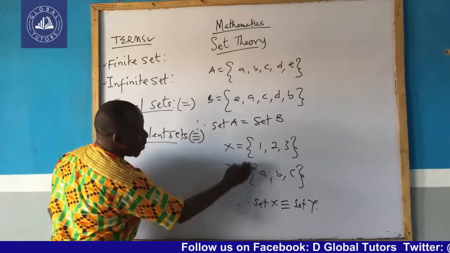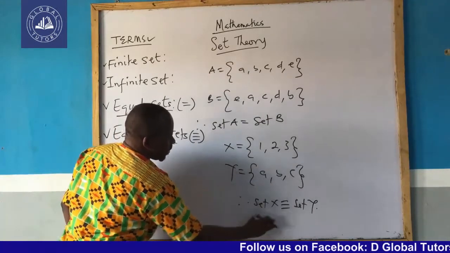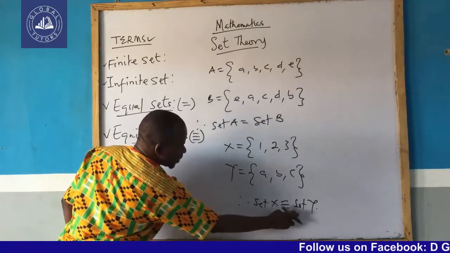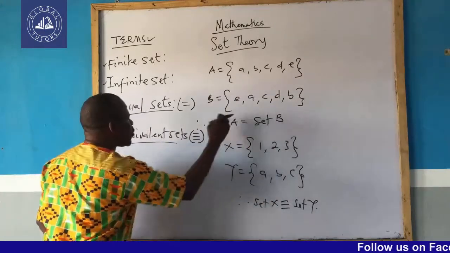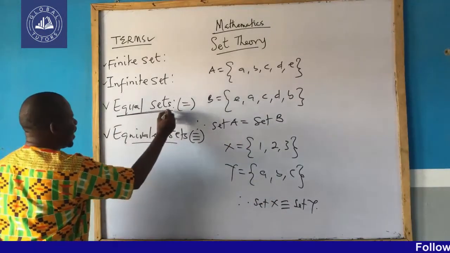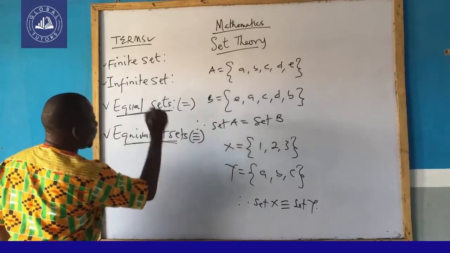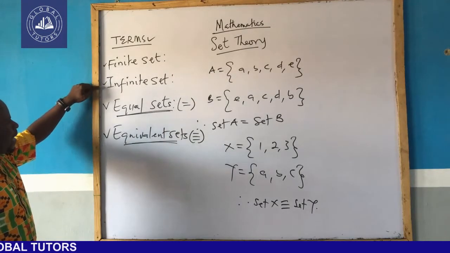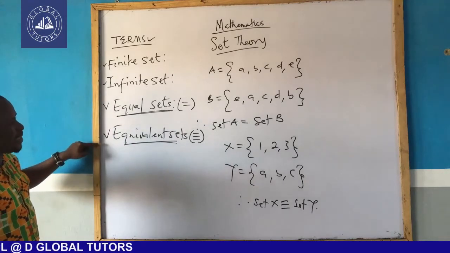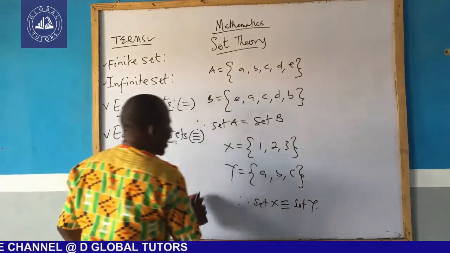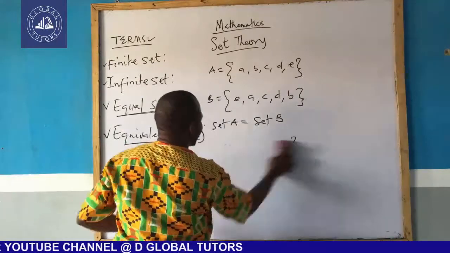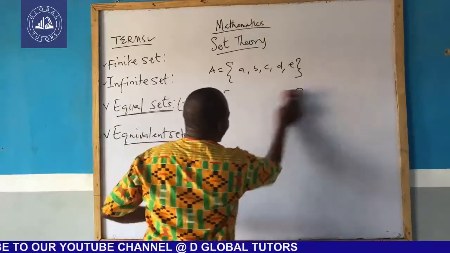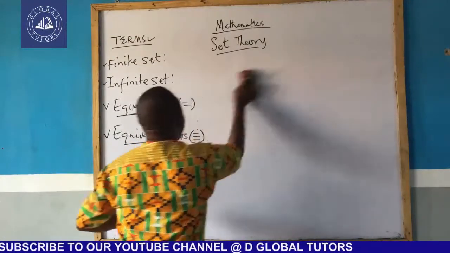In this case, {1, 2, 3} and {A, B, C}, they are equivalent, but they are not equal. That is equal set and that is equivalent set. So, infinite, finite, equal set, equivalent set. Let's go to another term.